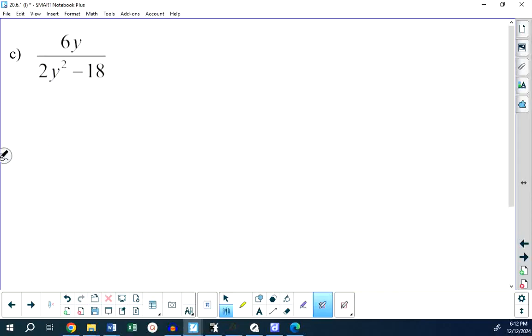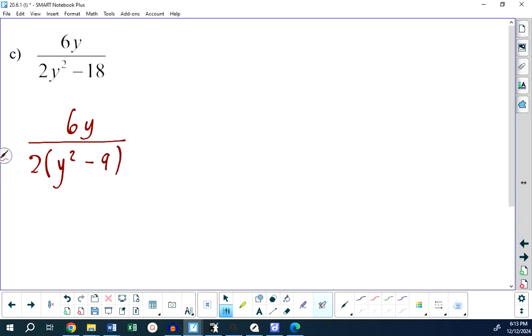What about something like 6y over 2y squared minus 18? In order for you to see the non-permissible values, you need to factor. So I can factor out of 2y squared minus 18 a 2. I notice that now y squared minus 9 is a difference of squares.